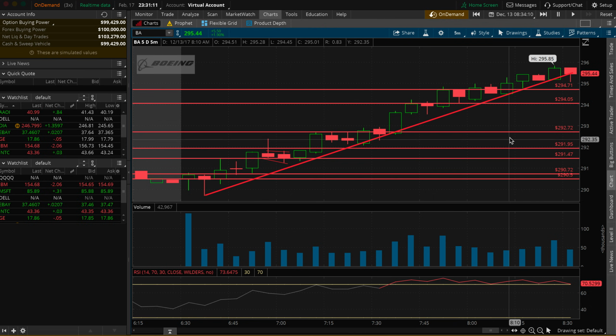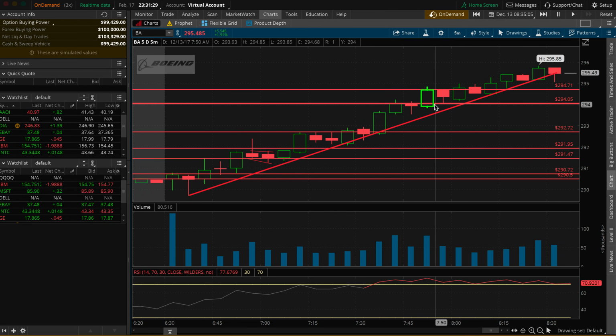You see all these lines right here? When we started, these lines weren't even here. Maybe one or two of them. But as you go, you see the price action. You see where it's hitting resistance. Then you see that resistance is now support.